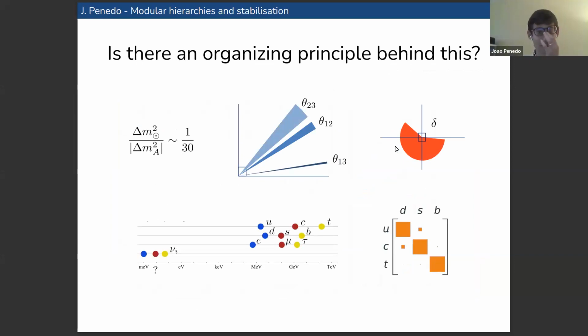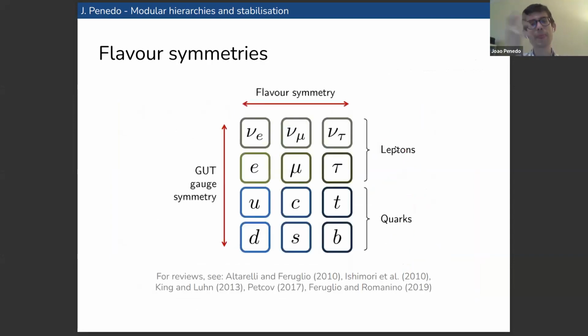And one of the traditional answers to these questions is, suppose you take not a root of anarchy, but a root of symmetry, then maybe a flavor symmetry could be acting here. Flavor symmetry is essentially something that acts across generations, so unifies the generations horizontally in this image, as opposed to vertical or GUT symmetries, which unify within the same generation leptons and quarks.